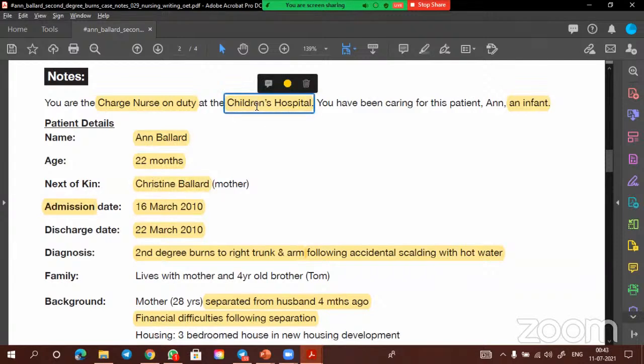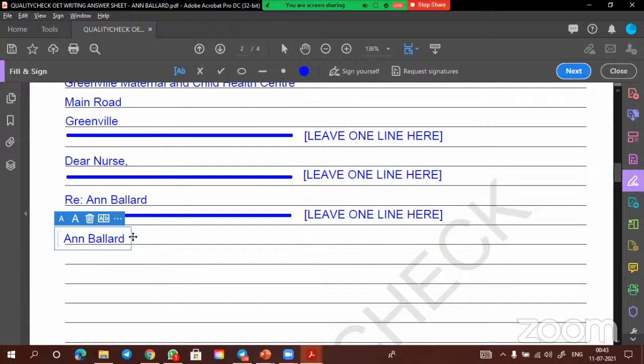However you want to write, you can write. You can write on or to the Children's Hospital.